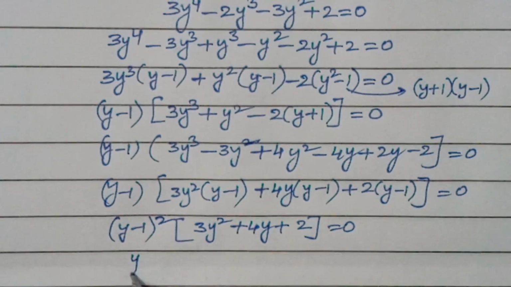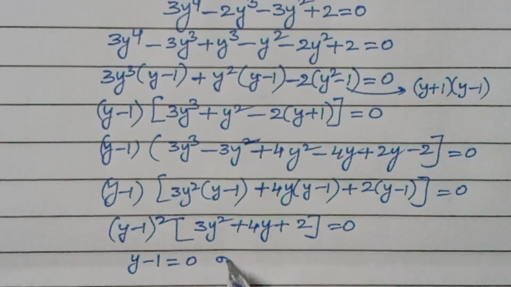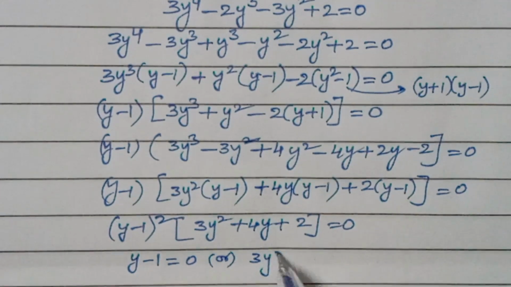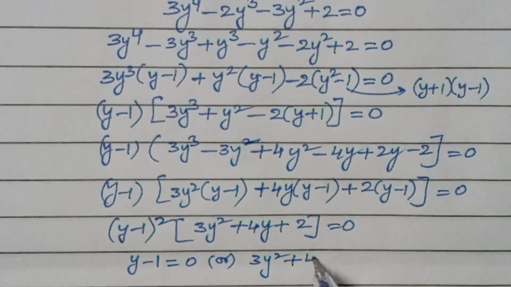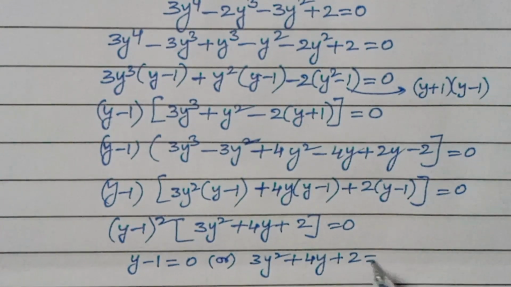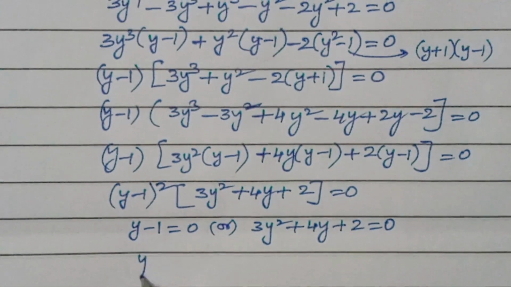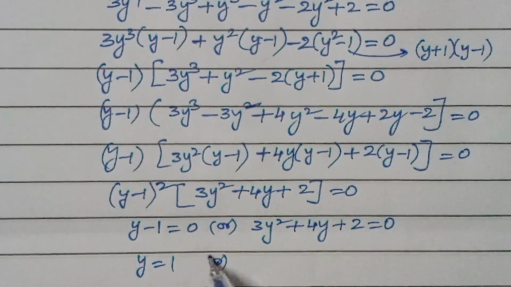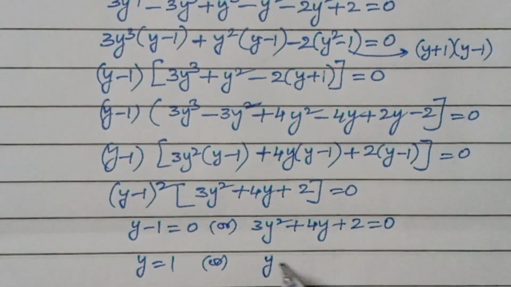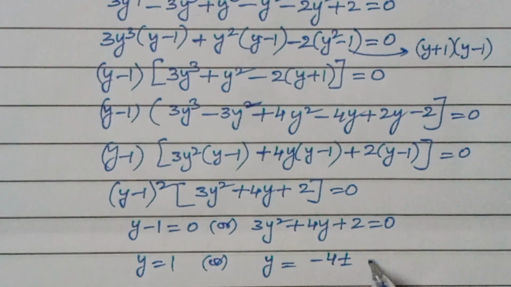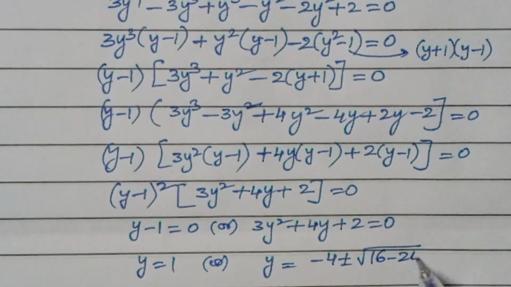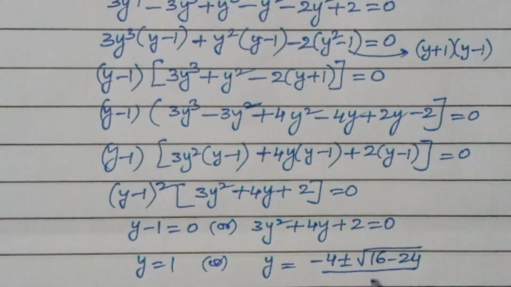From this you can write y minus 1 equal to 0 or 3y square plus 4y plus 2 equal to 0. Now here you'll get y is equal to 1, or y is equal to minus 4 plus or minus root of 16 minus 24 by 6.